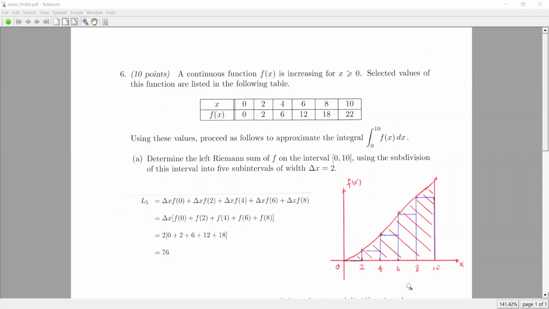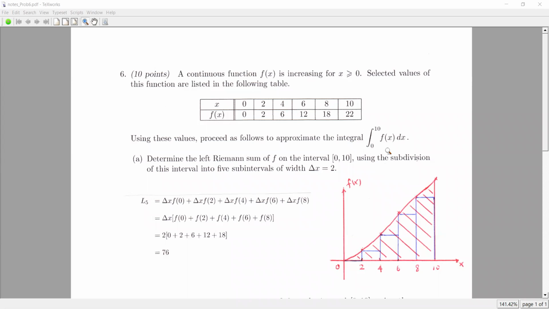Here on the xy plane, I plot the function values in the table. Then I join the points with an increasing and continuous curve. And I suppose this curve is the graph of function f.